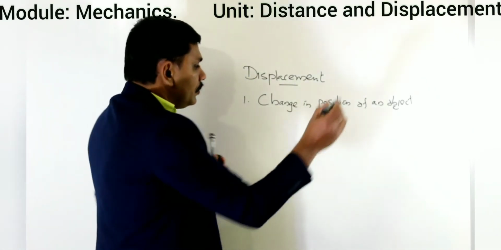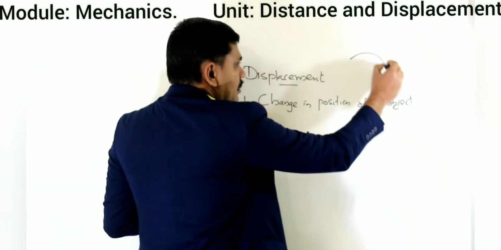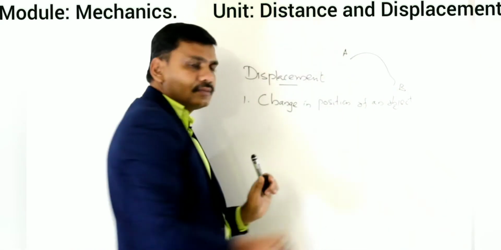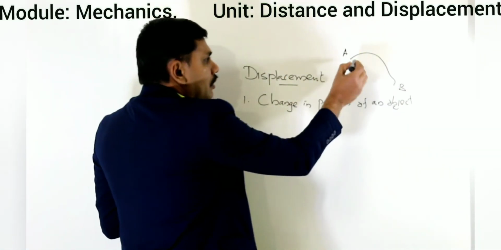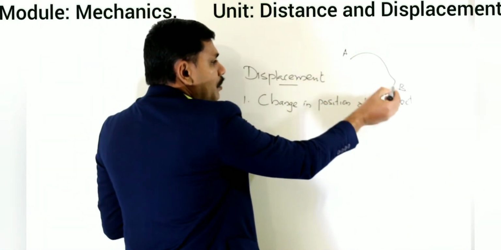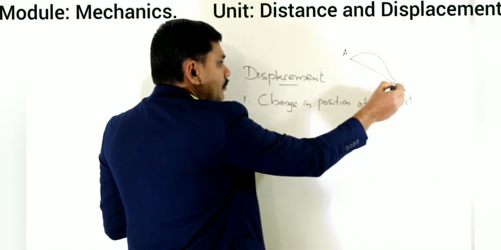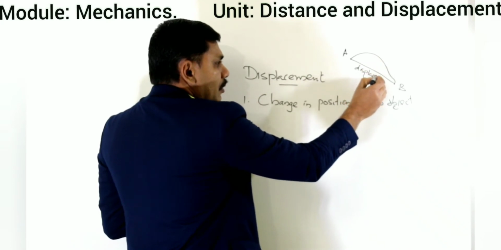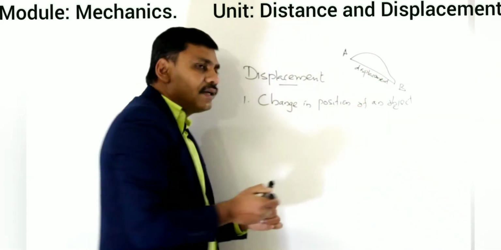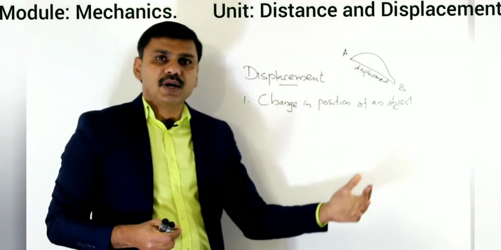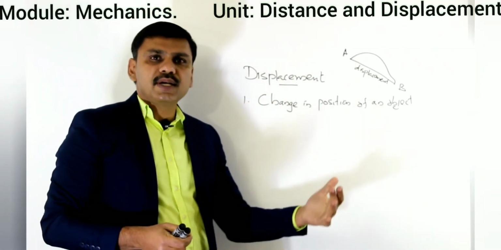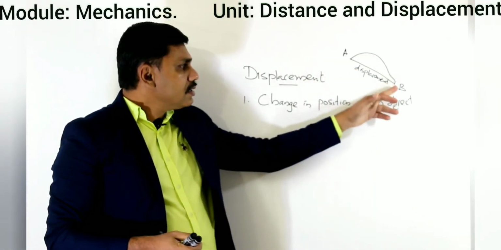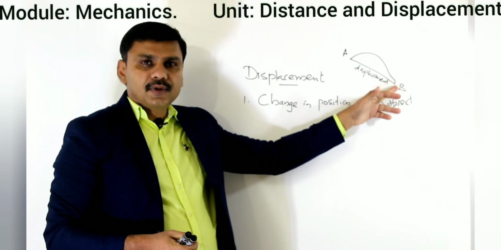So if you have a path like this from A to B, you can reach from A to B by a straight path. So this will be the displacement, because the change in position takes place in the shortest path, that's by a straight line or a straight path.